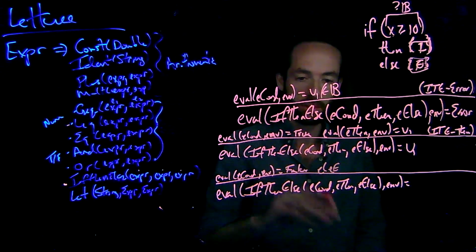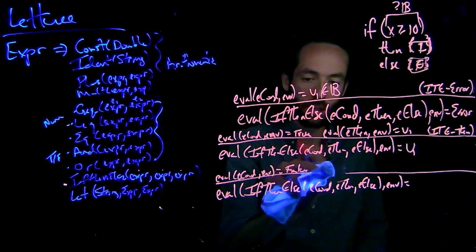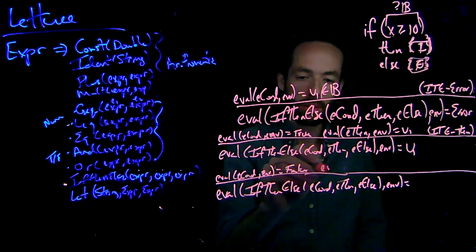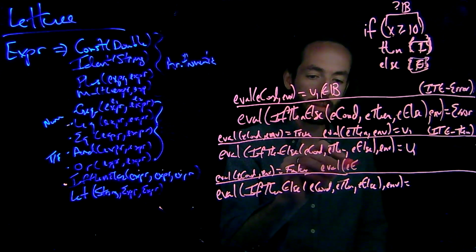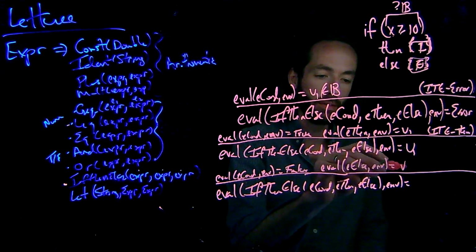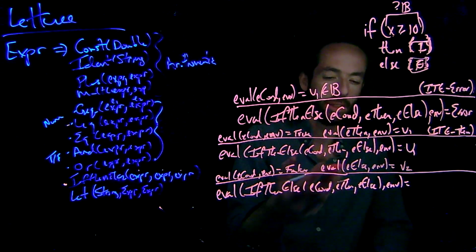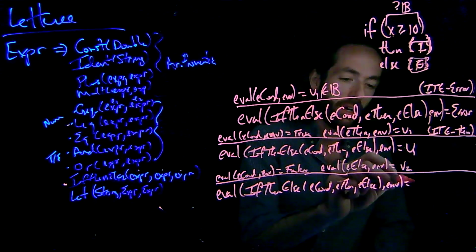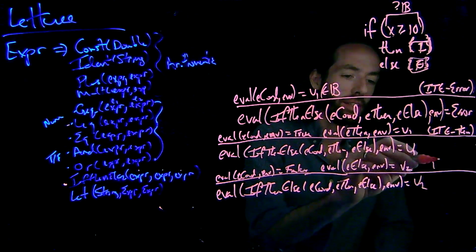So we're going to eval E else under the environment. Let's call that v2 because it's in the second or third slot. And we'll just return v2, and this will be if then else false.